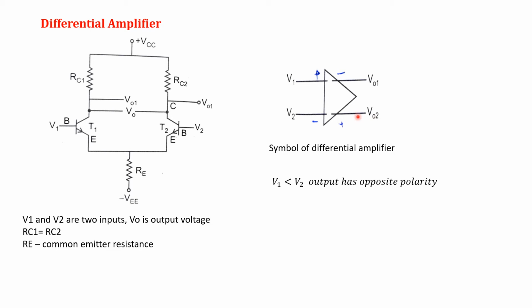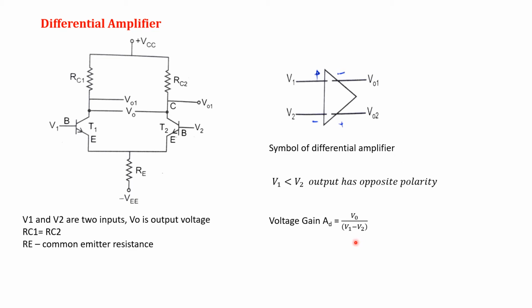In that case, if the difference between the two input voltages is known and the output voltage is known, then the gain of the differential amplifier is the output voltage divided by the difference between the two input voltages, that is V0 divided by V1 minus V2.